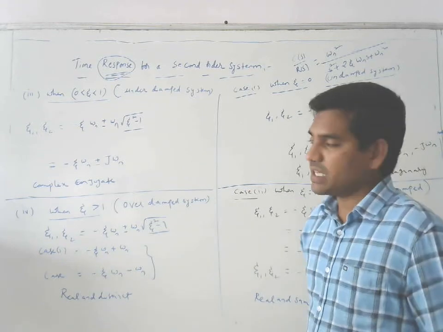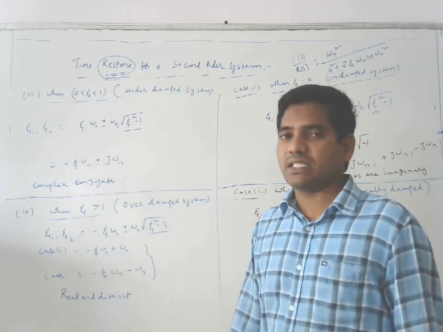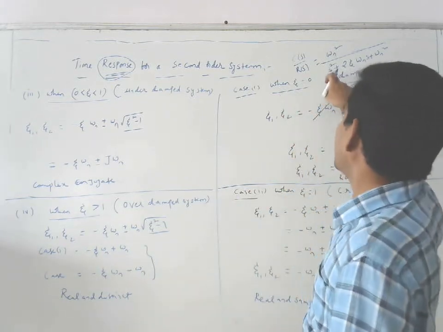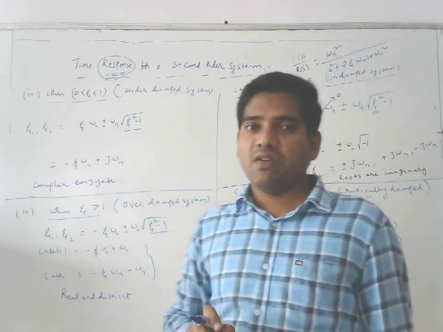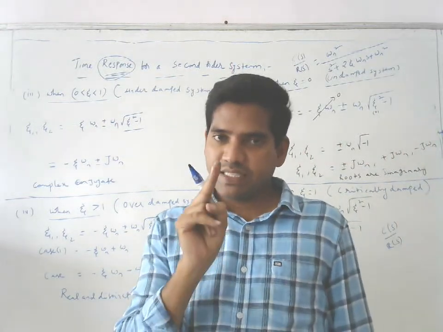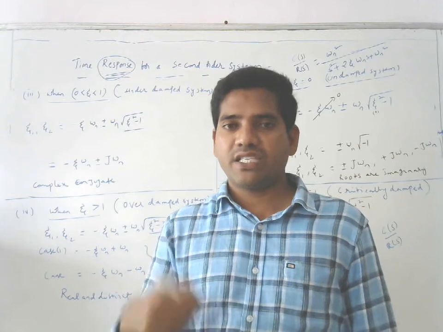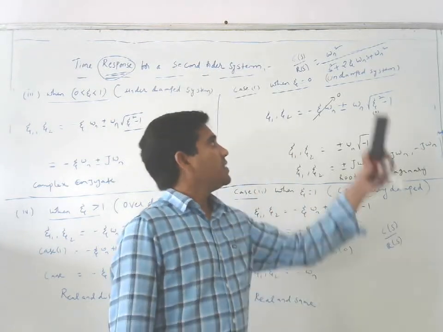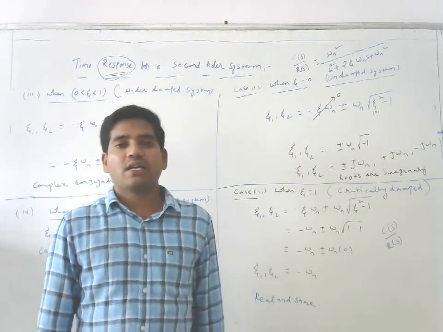From this only we are getting all these things. In the denominator, what is the order of s? That is second, that means 2. The highest power of the system is 2, and that we call a second order system.